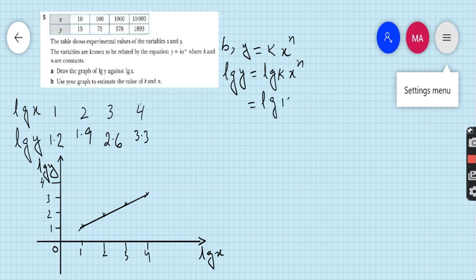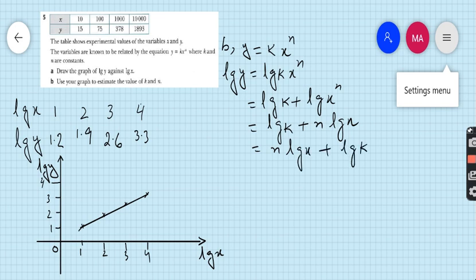It will be log k plus log x to the power n, and the power can be written before the log, so n log x plus log k equals log y.